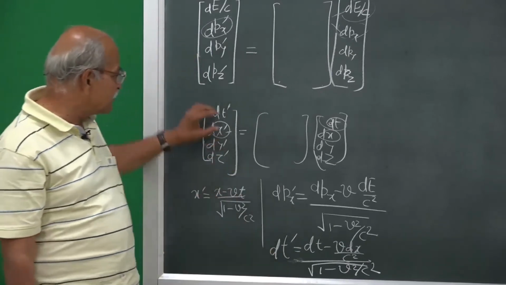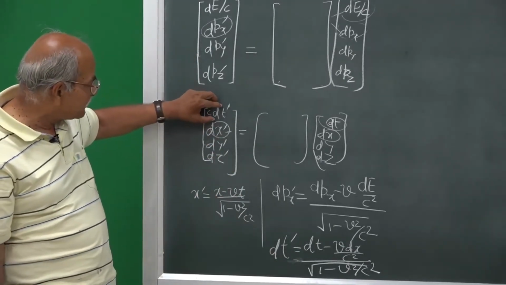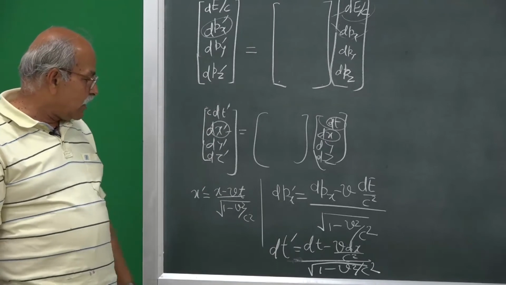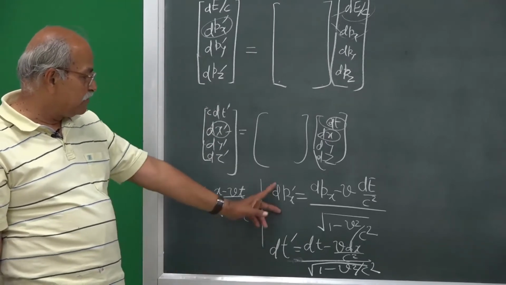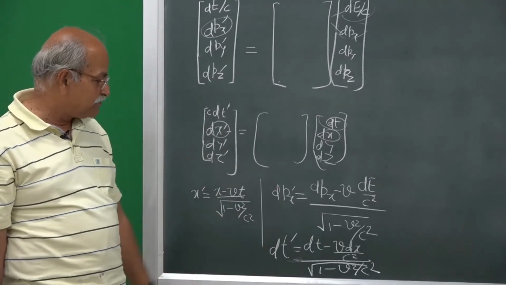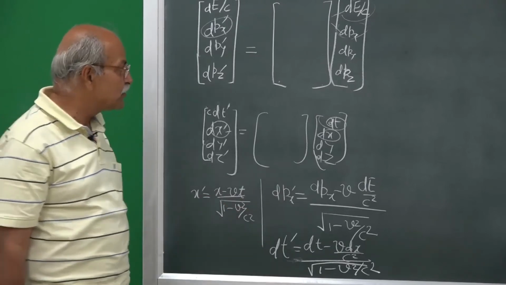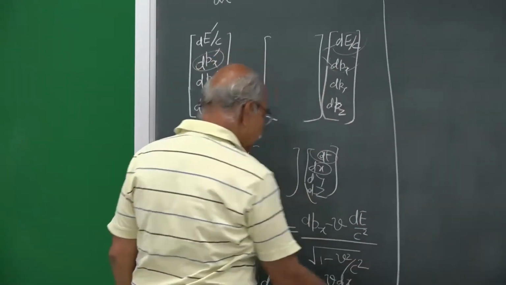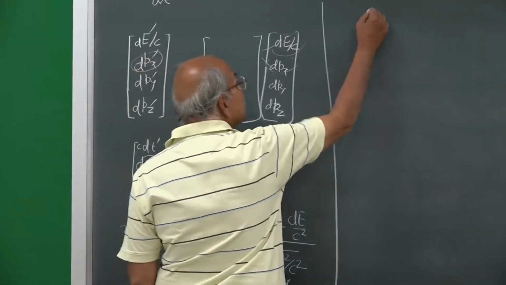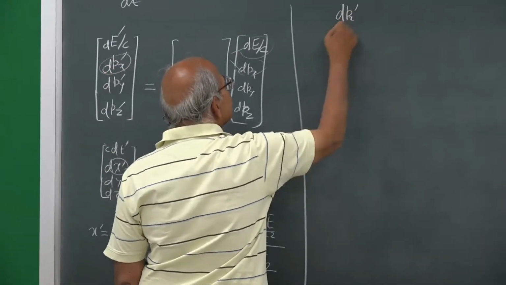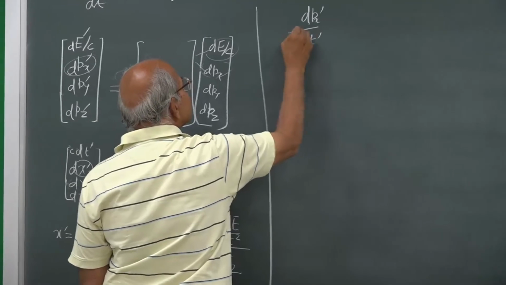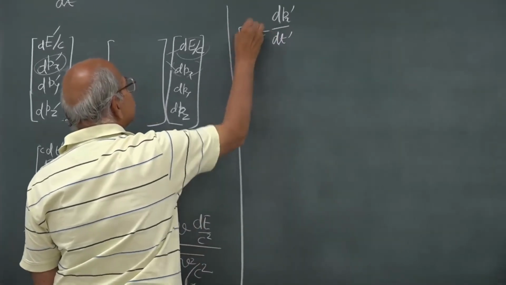So this is the transformation of the time component. Now we have dpx prime, we have dt prime. So divide, what do you get? dpx prime divided by dt prime. This is nothing but fx prime.